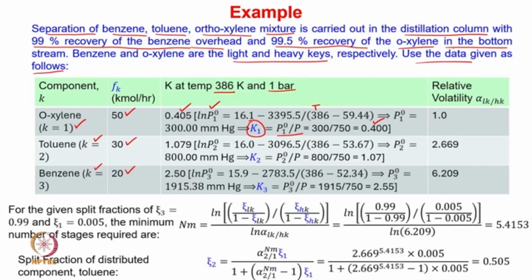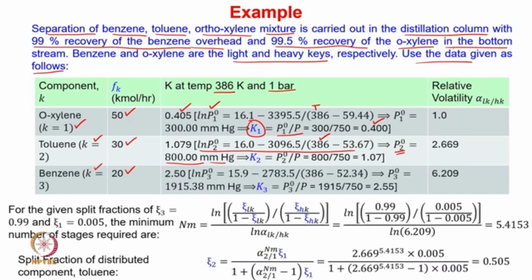In a similar way, the equilibrium constant for toluene is calculated again using the Antoine equation. This is the same Antoine equation which we have seen in the previous example. Remember the example we solved in the last class, the same Antoine equation we are using here. With that equation we have obtained P2 naught at 386 Kelvin, which is the vapor pressure of component 2, and it comes around 800 mm of Hg.